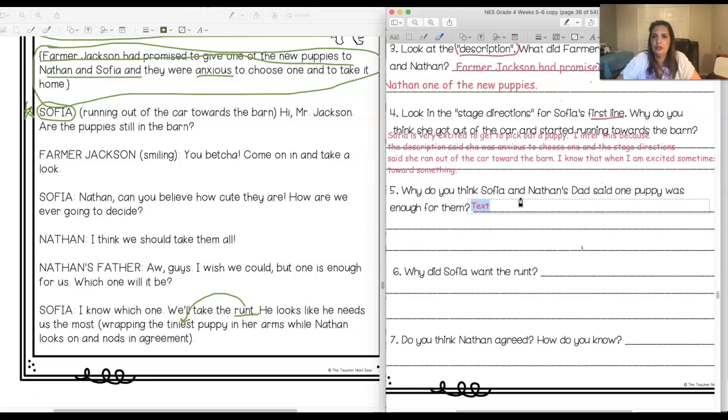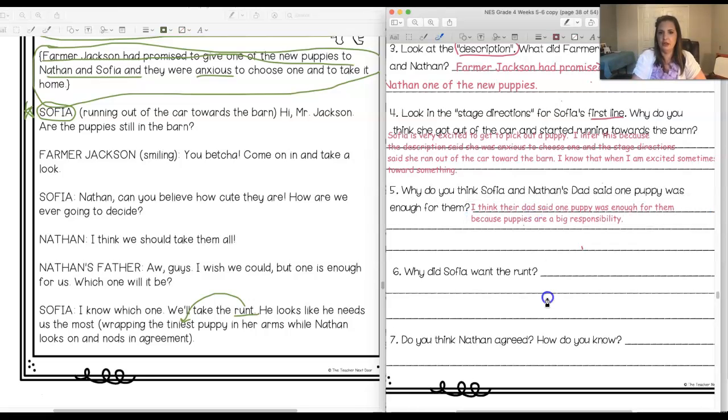Any of these could be good answers. So let's see, what will I say? I'll just say responsibility, but remember, you could say something else. I think their dad said one puppy was enough for them because puppies are a big responsibility.